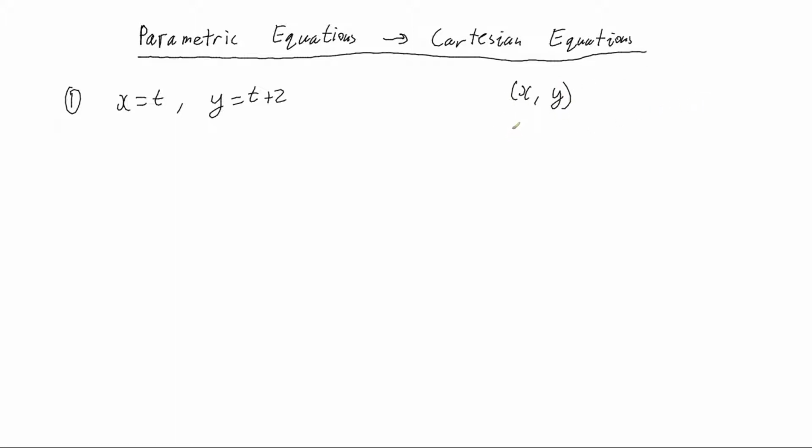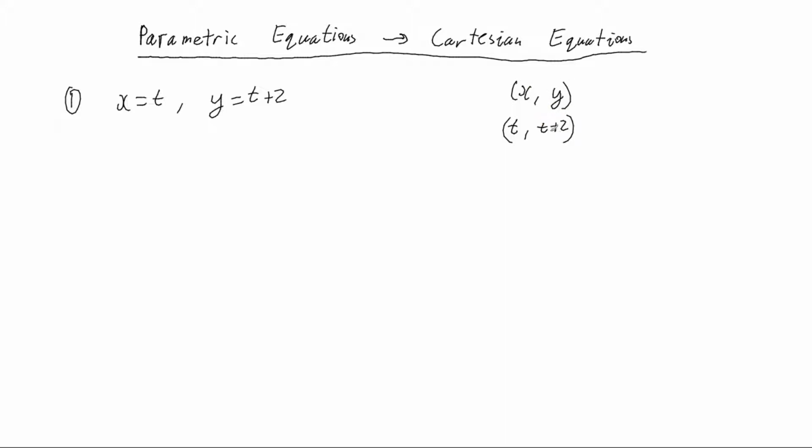But in this case, my points are represented using these two equations in terms of t. I've got the equation for x and the equation for y that together tells me, as t changes, where each x and y point is on the graph.